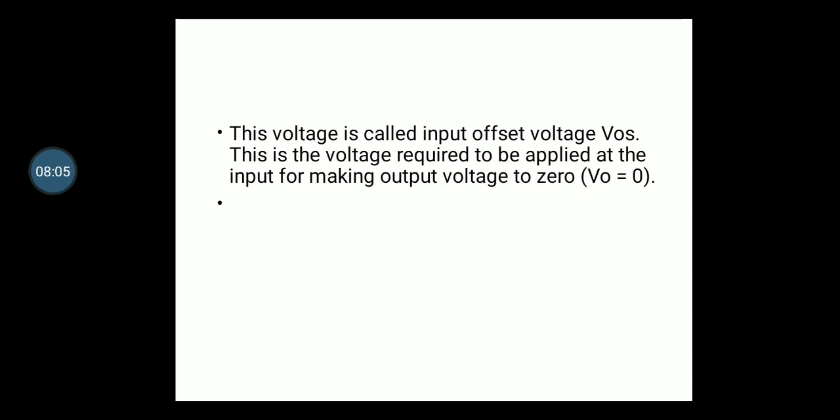So V0 is equal to 1 plus RF by R1 into VOS. Thus, the output offset voltage of an op amp in a closed loop configuration is the same as that of the inverting amplifier configuration.